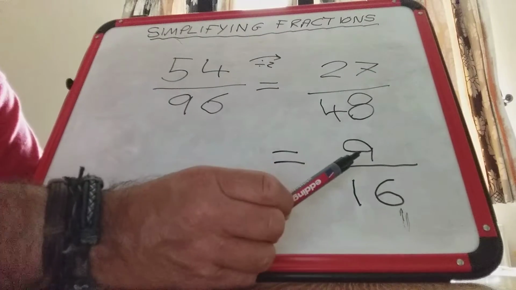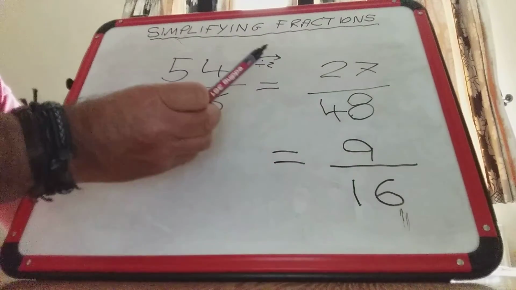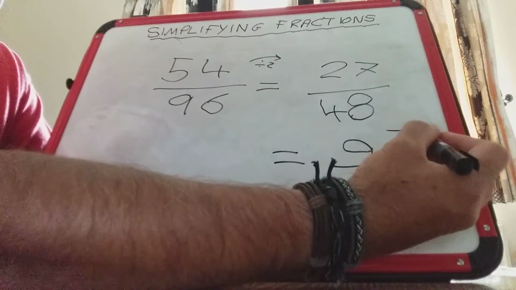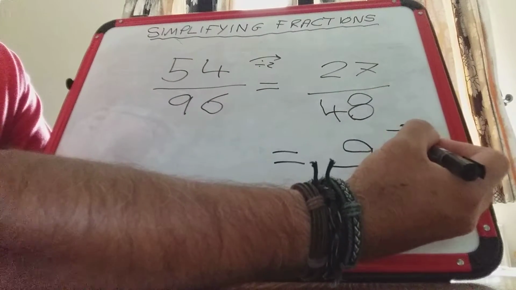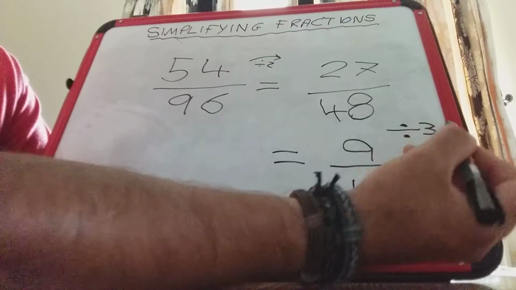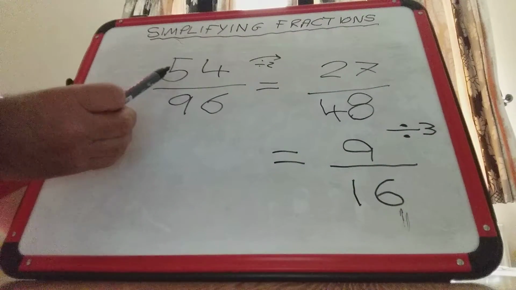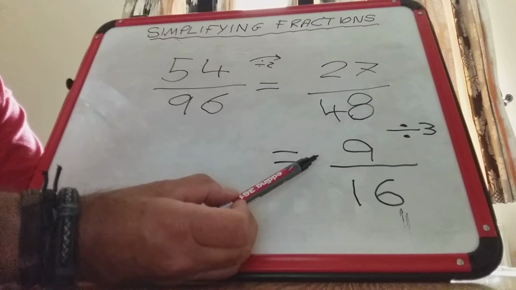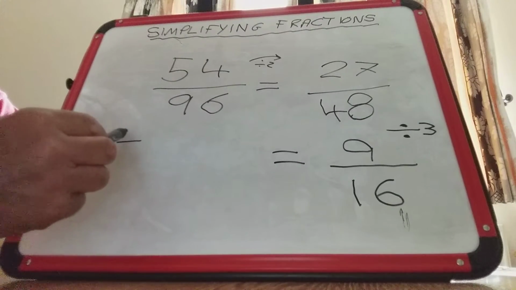What you might also have seen is that if you divide by 2 and then you divide by 3, then what actually happens to go from here to here means you're dividing by 6. So let me just show you.